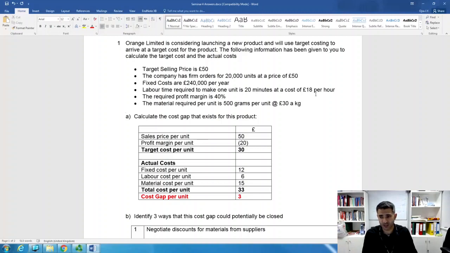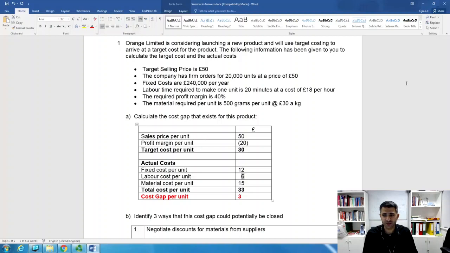So 3 is 20 minutes. If you divide £18 by 3, you should be able to find that the direct labor cost is £6, because 6, 12, 18. So that's £6 per unit for 20 minutes. Per unit, direct labor cost is £6.